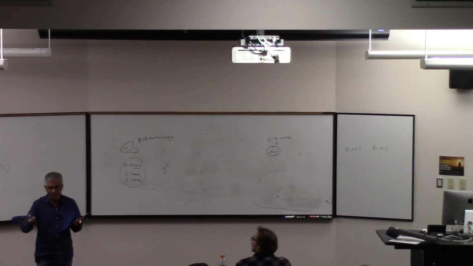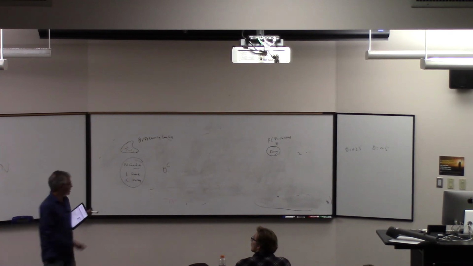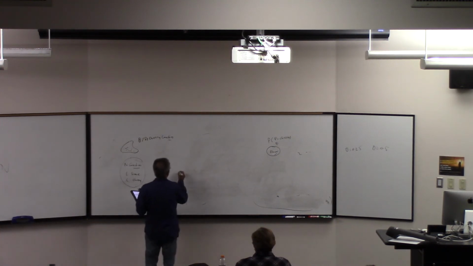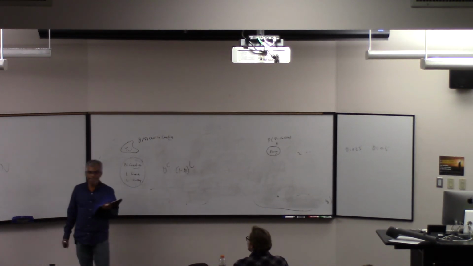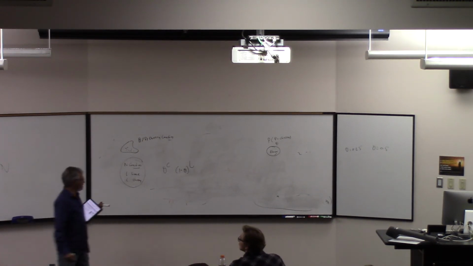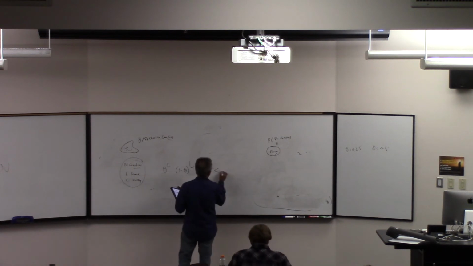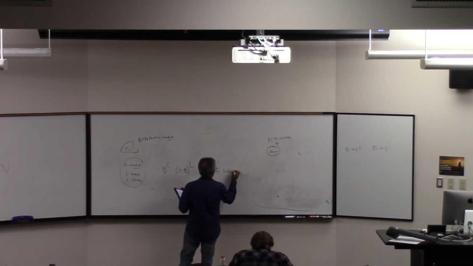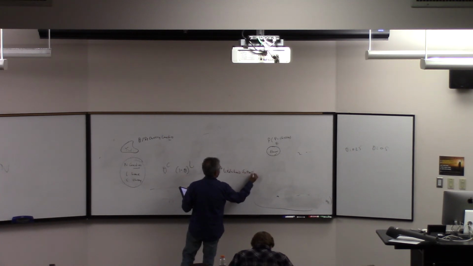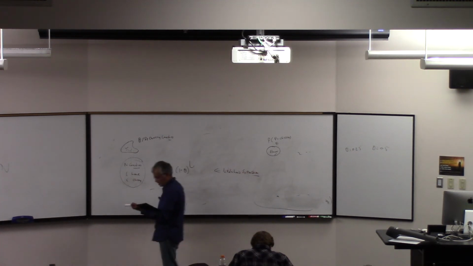C of them, theta times theta, theta power C. The other one is lime, it's (1 minus theta) power L. This is the likelihood expression.